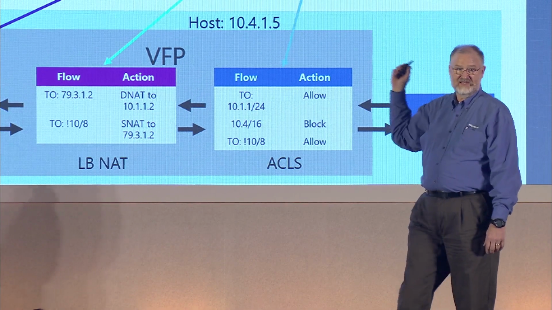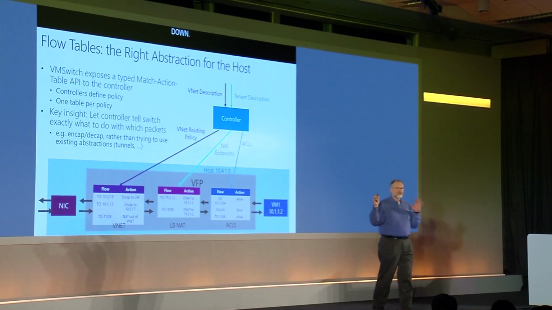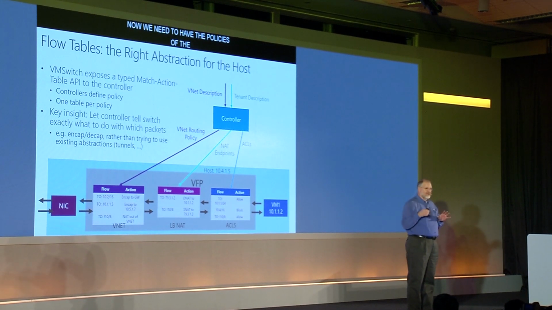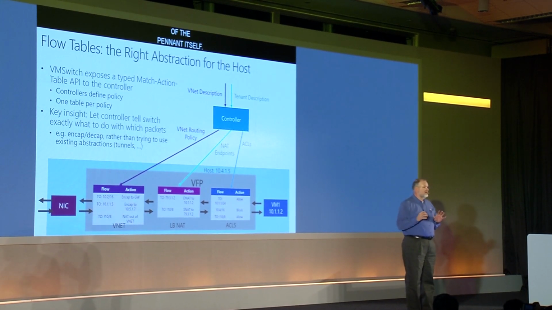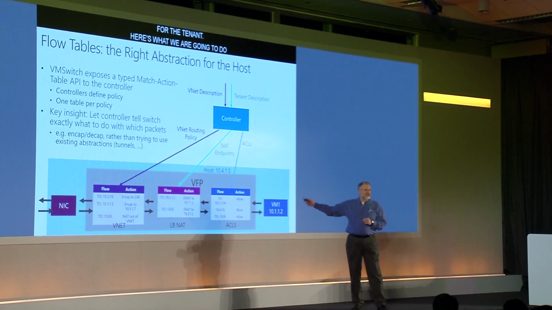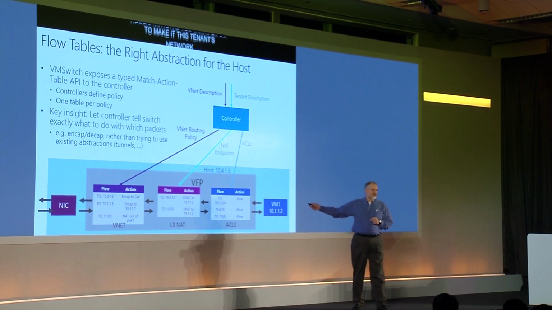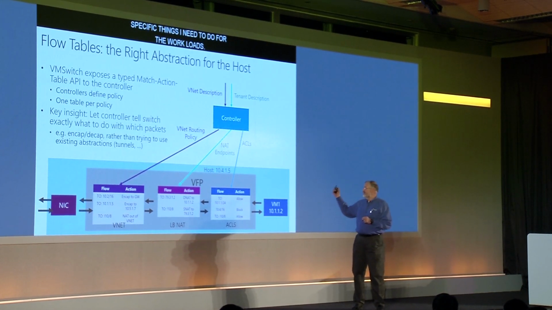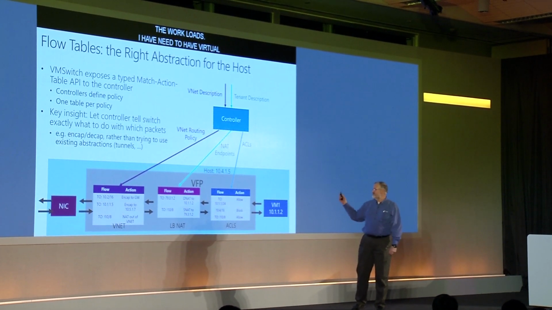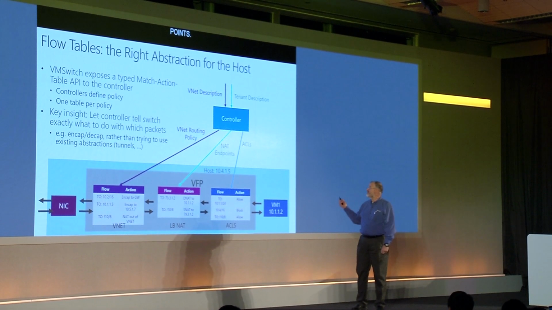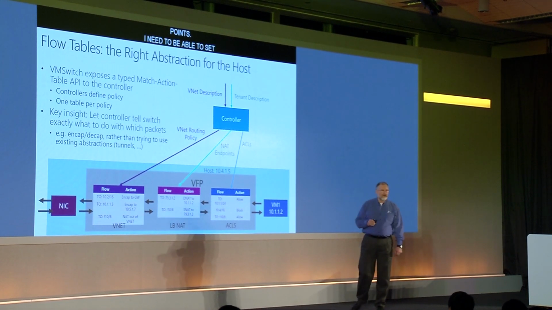So the first policy is what the hoster said, here's the rules for this tenant. Here's what we're going to do to make it this tenant's network. Now, the tenant says, oh, but I have some specific things I need to do for my workloads. I need to have virtual interface points that need to be converted to real interface points. I need to be able to set different ACLs in place, different rules for who can talk to whom. And so I program that all in.